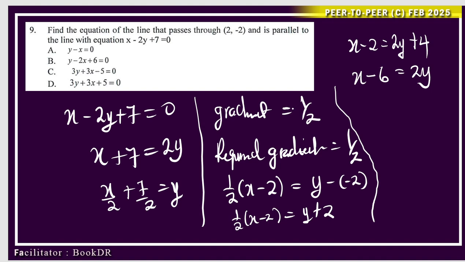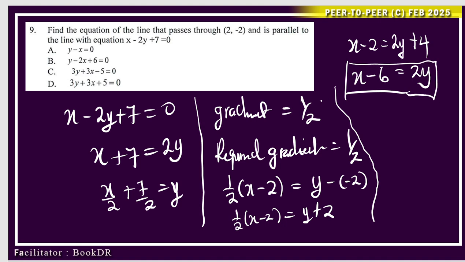Let's divide through by 2 and see, to get half here. Let me see whether it's a perpendicular line or not. The question says find the equation of the line that passes through the point and is parallel, so we are using the same gradient. Good. So the correct answer is not in the options, but let me not rule that out.